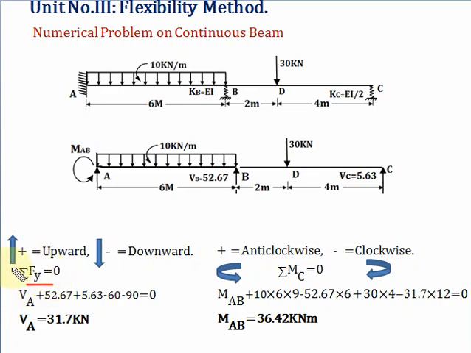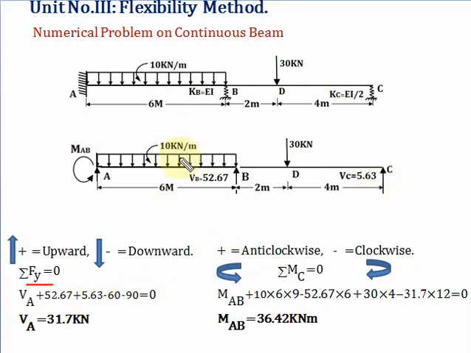We consider upward force as positive and downward force as negative. The vertical force at A is acting upward, so positive. Then 52.67, the vertical reaction at B, acting upward, positive. The vertical reaction at C is 5.63, acting upward, so positive.